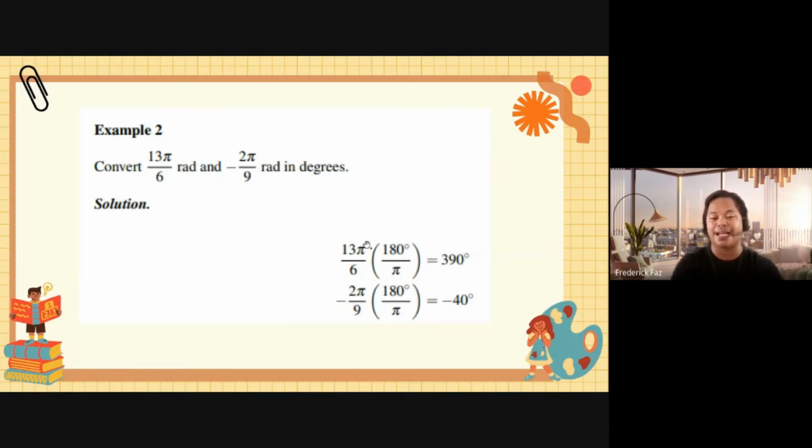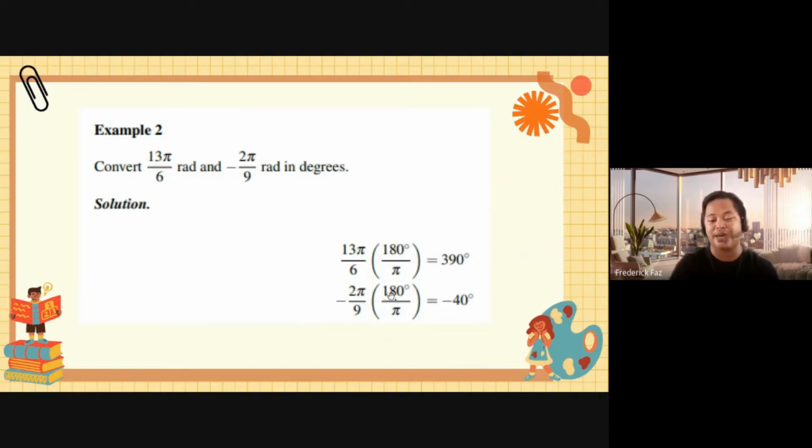We can cancel pi and simplify 180 over 6. So it is 30, and then multiplying by 13, the answer is 390 degrees. For the next example, we have negative 2 pi over 9 multiplied by 180 degrees over pi. We can cancel pi here and simplify 180 over 9.